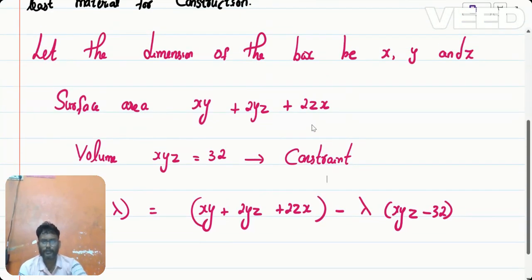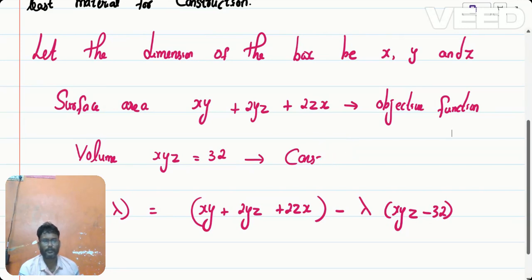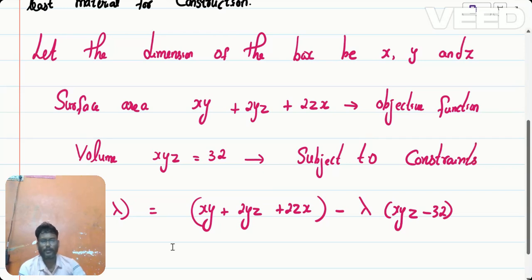And the above one, which is what you want to minimize, is called the objective function. And this is subject to the constraint.